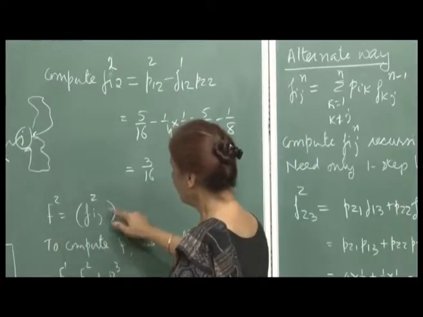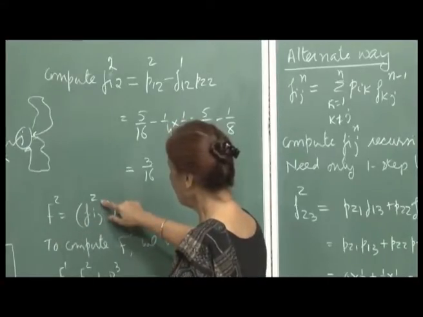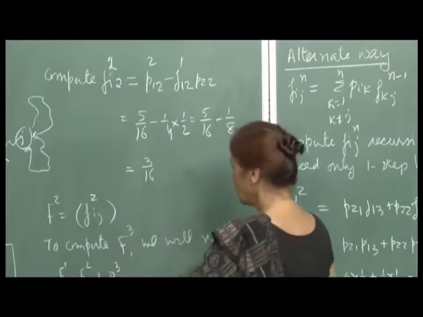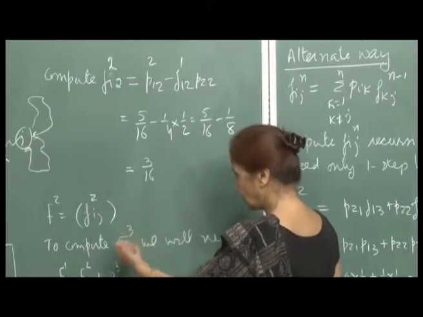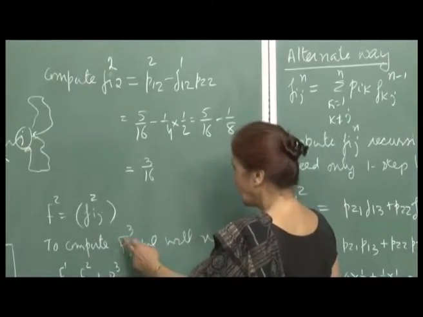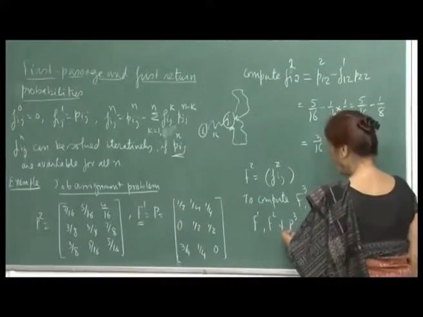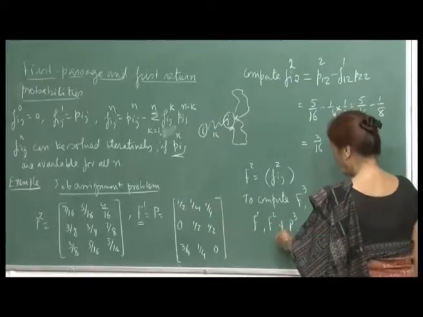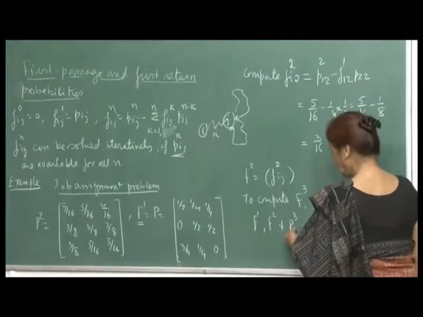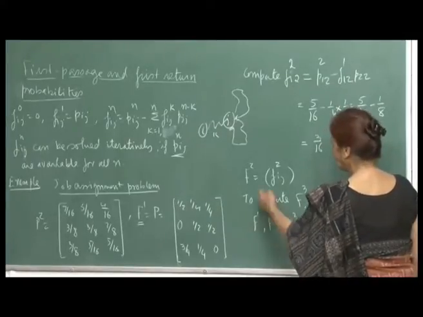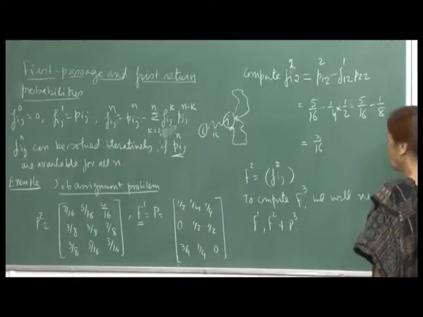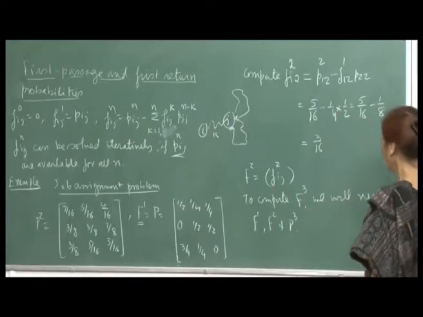So you have to compute all 2 step transition probabilities before you can compute the 3 step first passage transition probabilities, and for computing F3 you would need F1, F2 and P3 also. That means P1, P2, P3, F1, F2 you will need to compute the elements of F3.